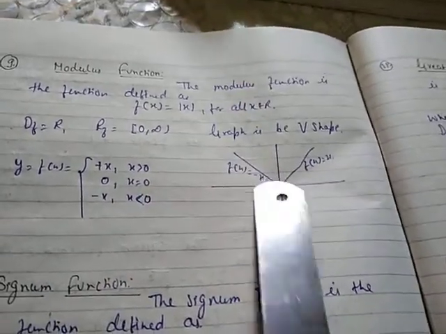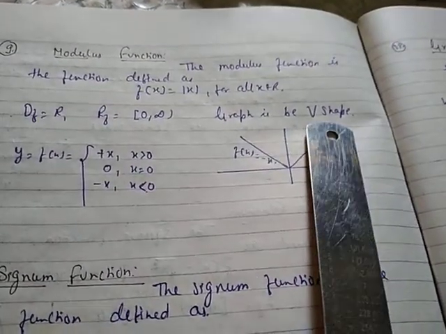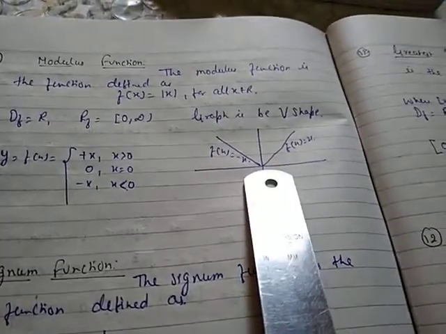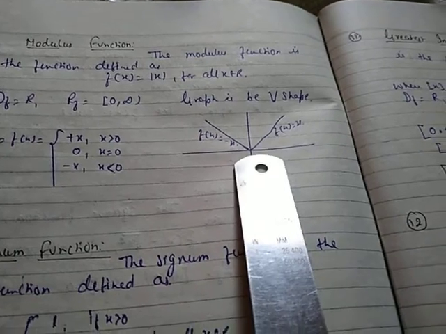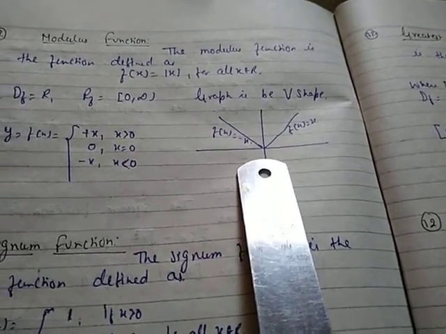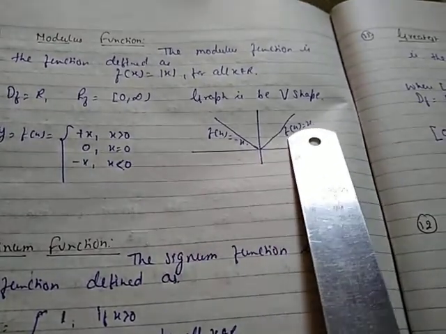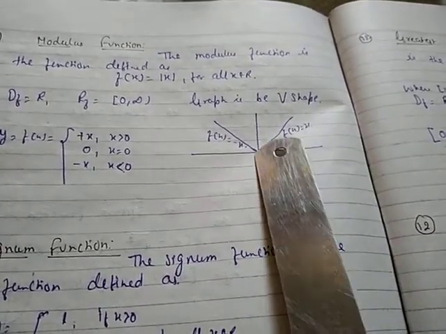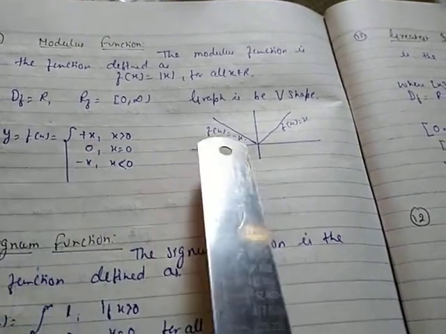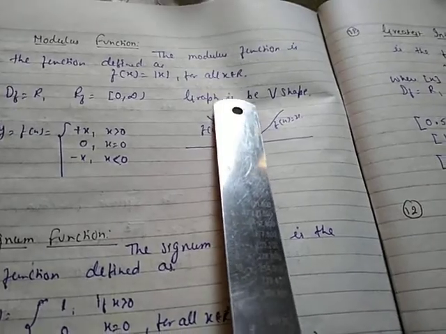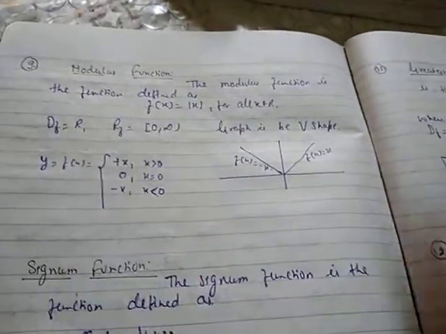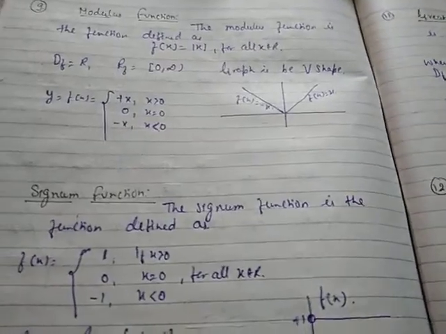Just see the graph here, it will always give you a V shape at the critical point. What is the critical point? Put the function equal to 0 and get the value of x. At that point it will give you a V shape. Now here f(x) = x and f(x) = -x, two kinds of function are there, but y is always positive, 0 to infinity. This is your modulus function and a very important function, children.